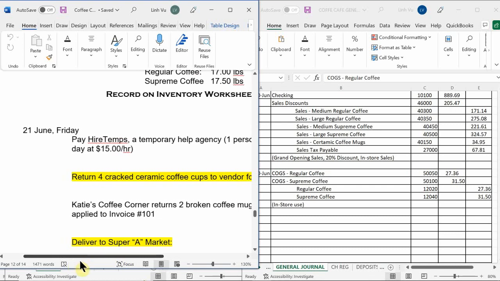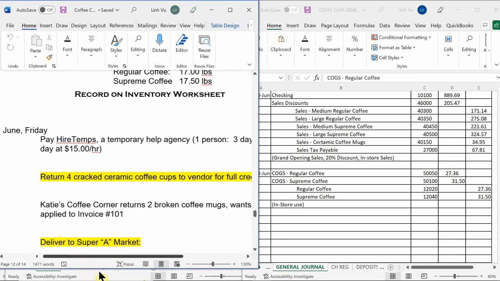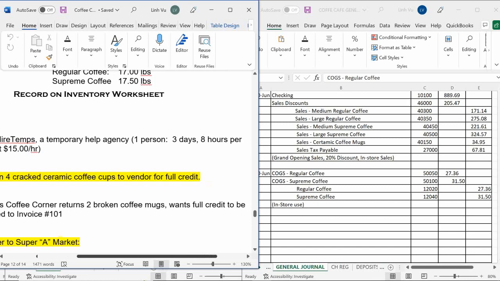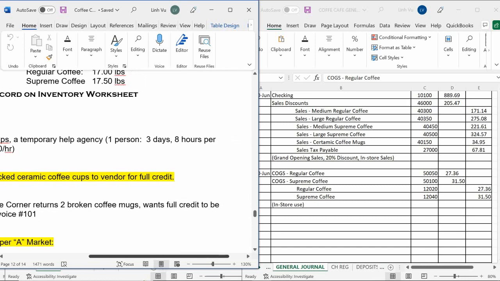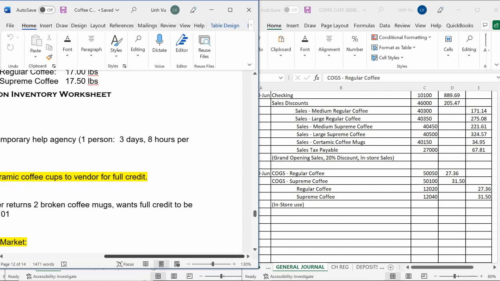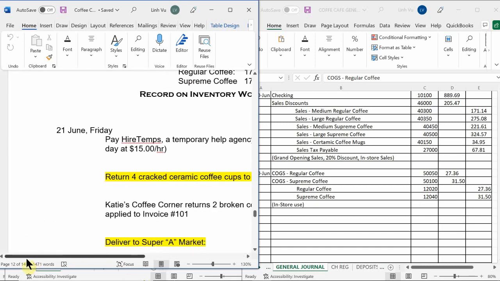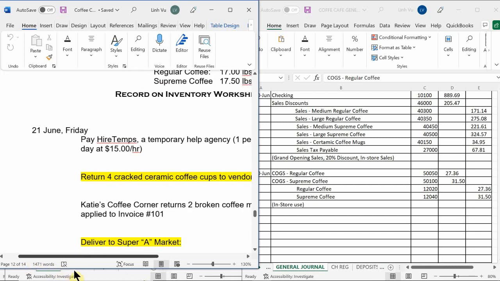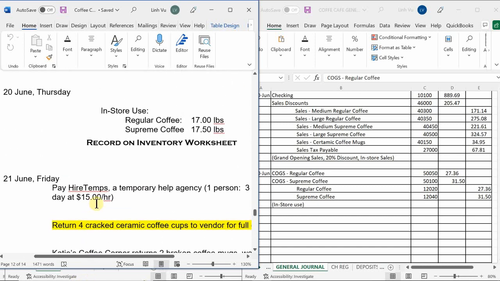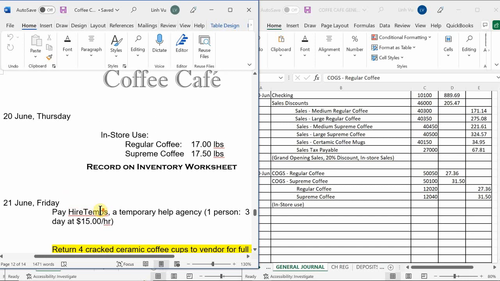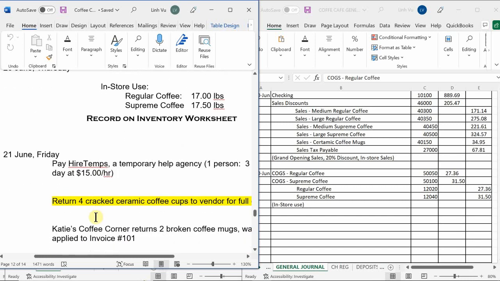We have to pay Hire Temps for that temporary help agency, right? For that one person that we said we wanted for 3 whole days to work an 8 hour shift per day, and we promised to pay them $15 an hour. So they showed up. So whatever we owe Hire Temps is what we have to pay. So how do we do this?